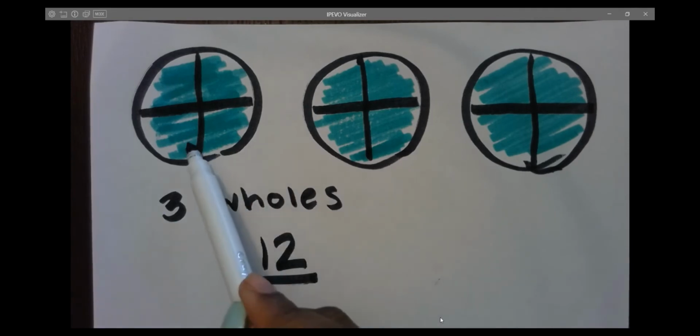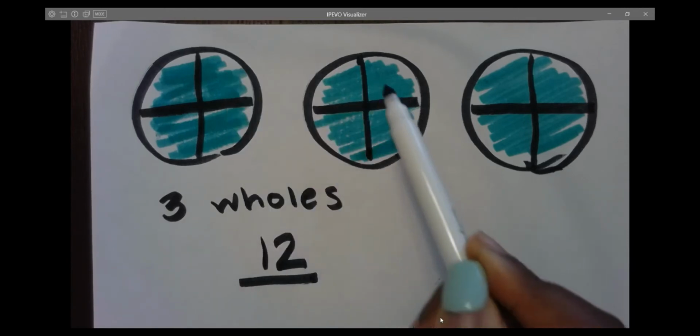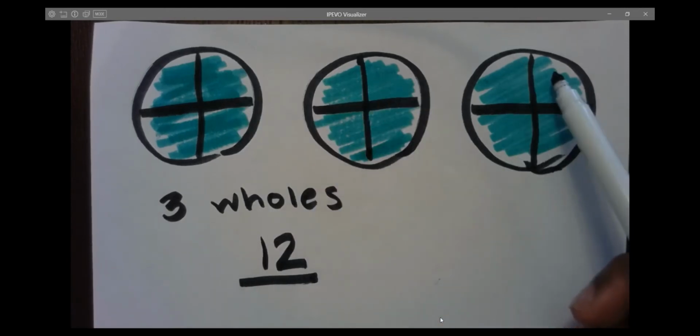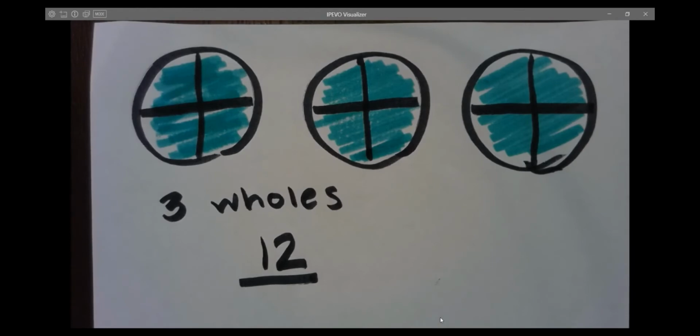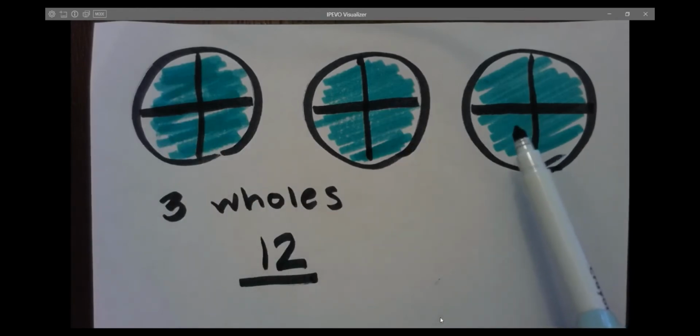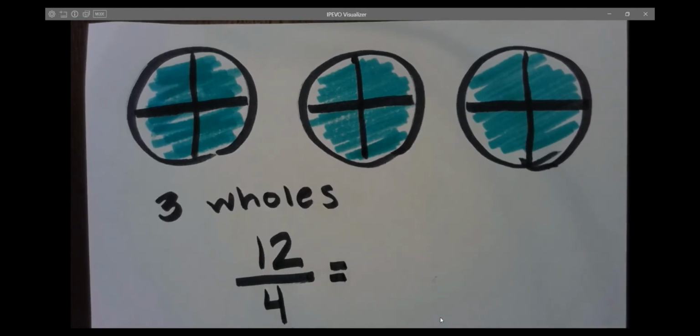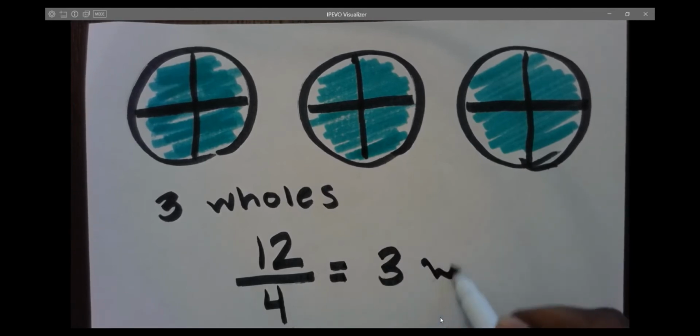Well, each one of these is broken into 4 parts. Notice how it's not changing, it's staying the same. So our denominator is 4. So 12 fourths, or 12 over 4, is going to give us the same amount as 3 wholes.